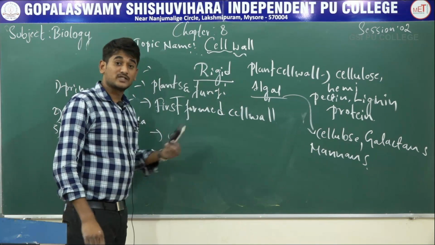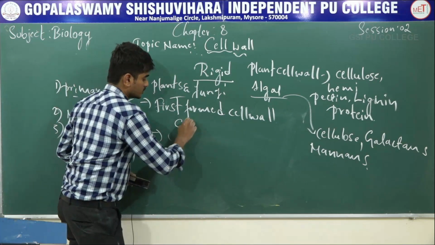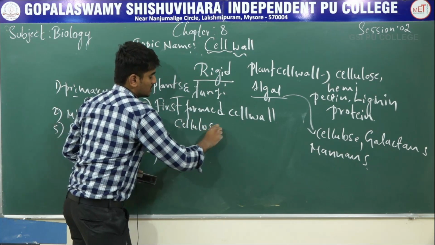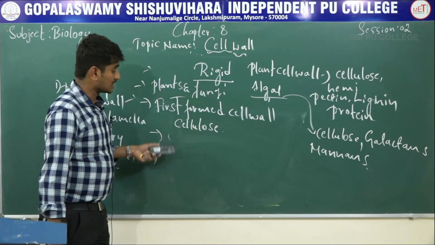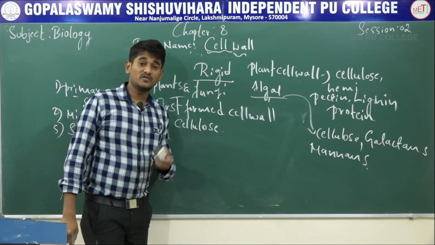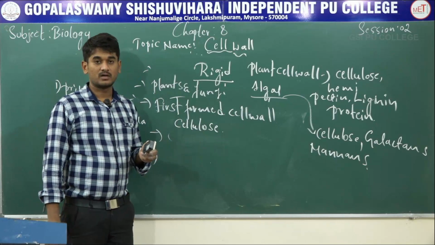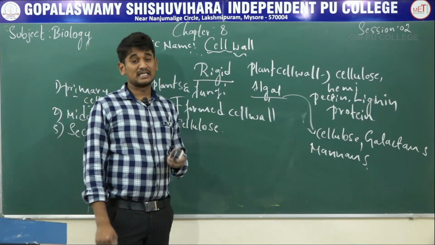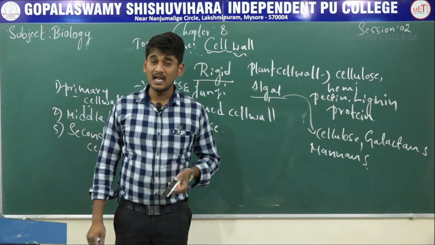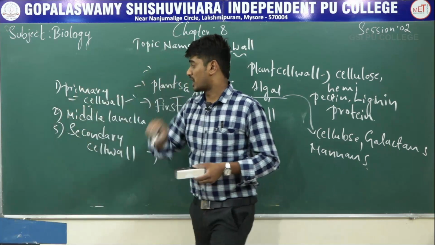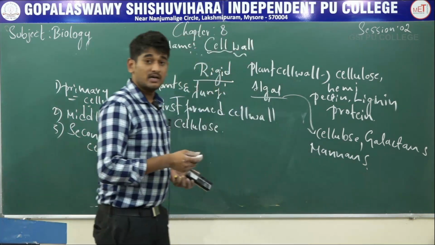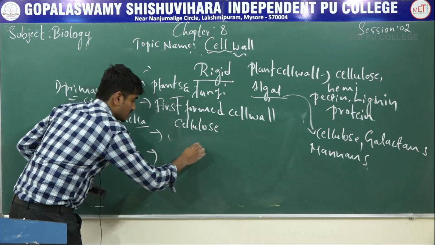And it's made up of cellulose. And it is also capable of growth, which gradually diminishes after the cell matures. So this is all about primary cell wall. Yes, now we can draw the structure of cell wall.